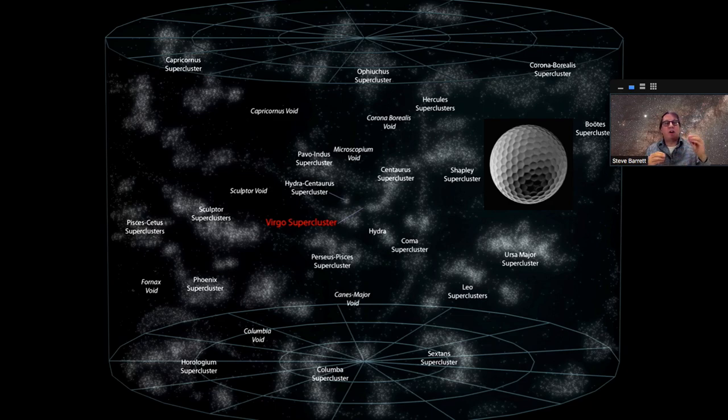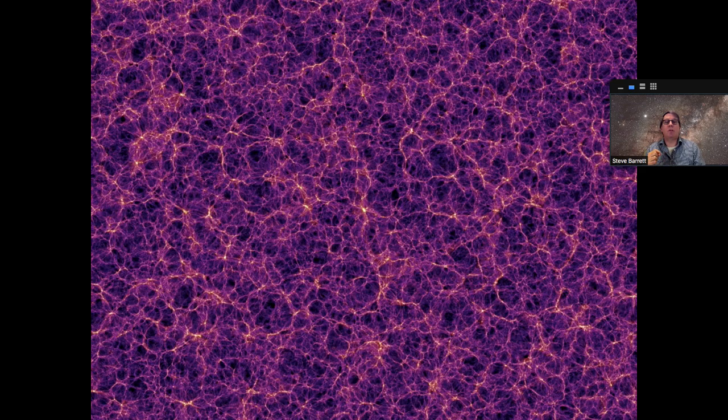Some regions are underdense, some regions are overdense, so we have a lot of galaxies over here and we have a void over there. It's the result of gravitation collapsing the original density variations so as to produce the galaxies and the superclusters of galaxies that we see around us.